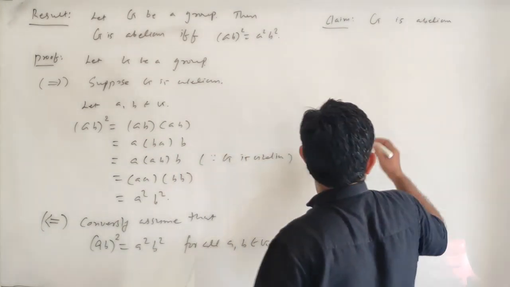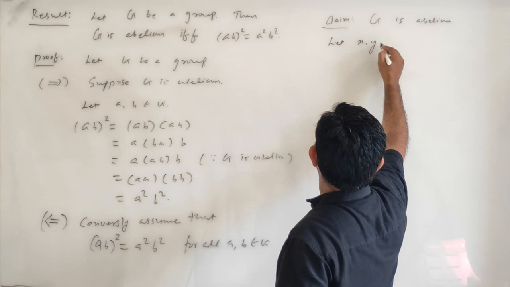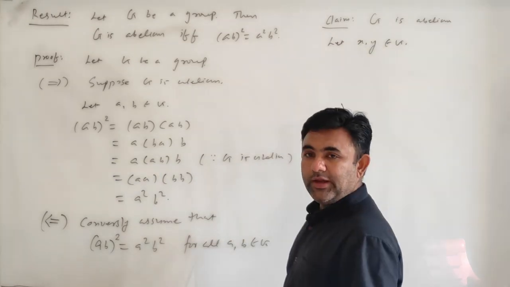Okay. So you take x, y belonging to G, any two elements of the group.